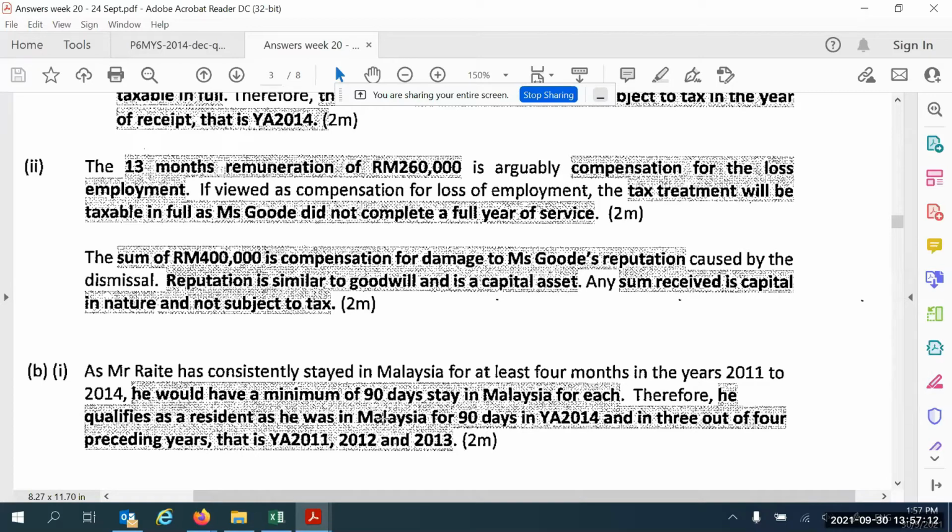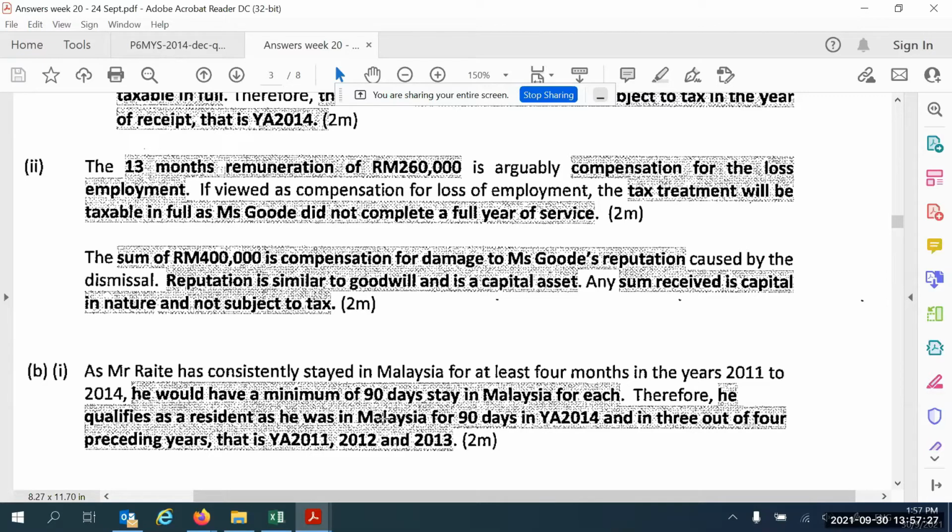So minimum 90 days stay, and then qualifies resident. See, the answers are all very specific. So you must be specific.